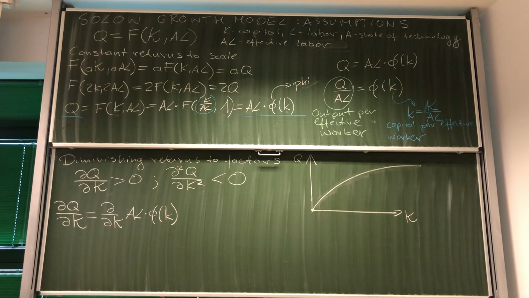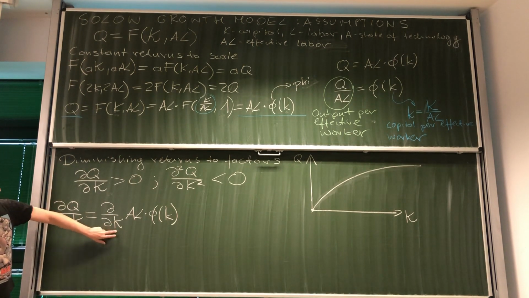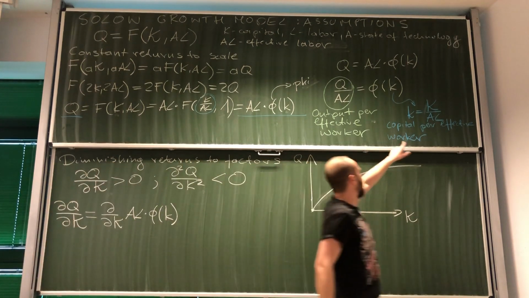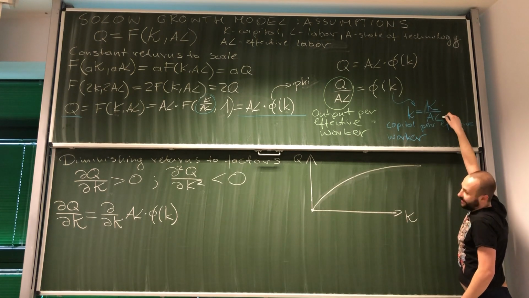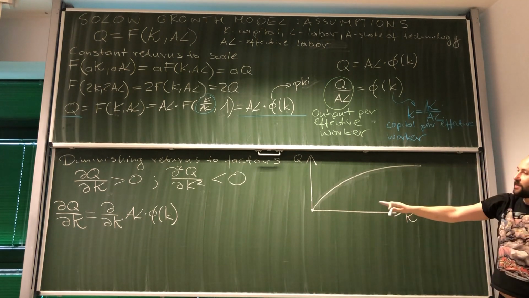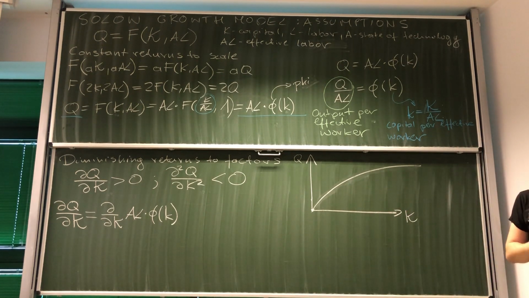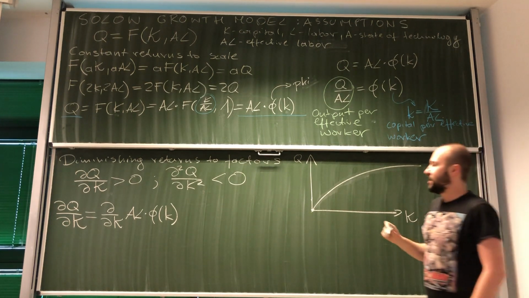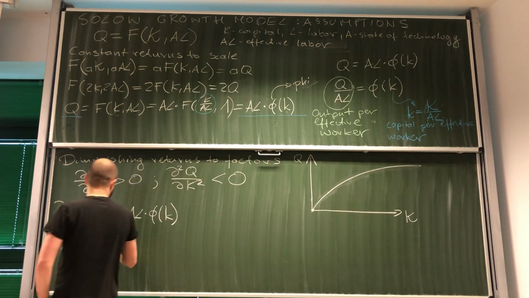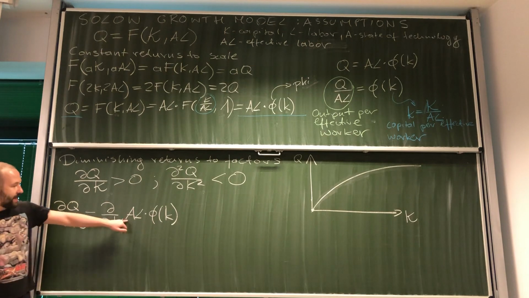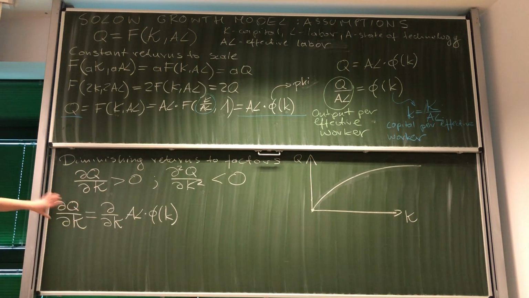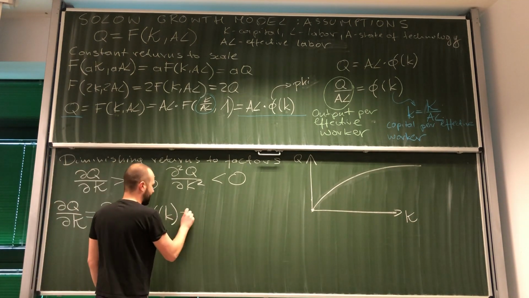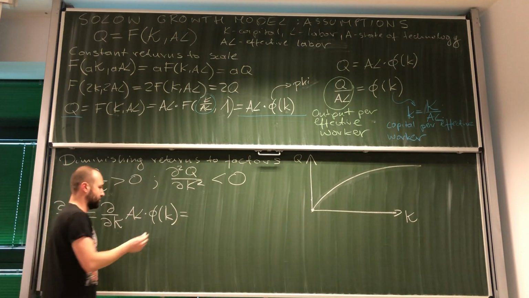Now, we need to remember that lowercase k is K divided by AL. So in order to calculate this derivative, we will have to use the chain rule. But look, this is a partial derivative with respect to capital. AL are treated as constant. So the first thing we can do is to just take it out in front of the derivative.